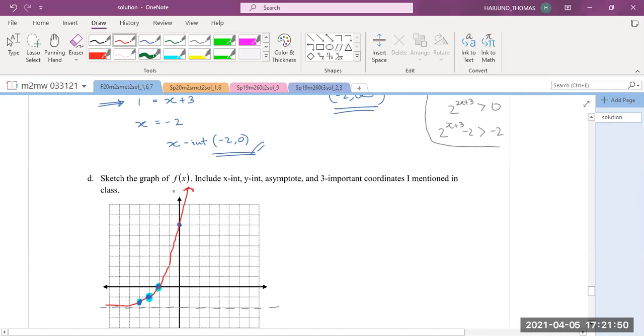If you graph this without graphing paper, if you happen to not print it out but use your own blank paper, then you need to put the coordinates. This is (-4, -1.5).